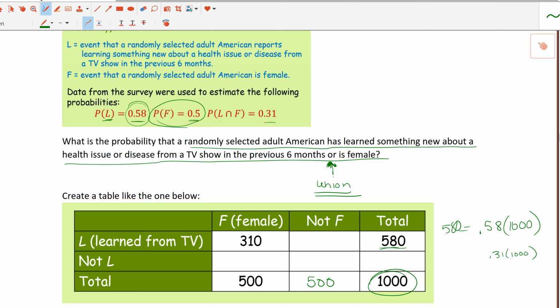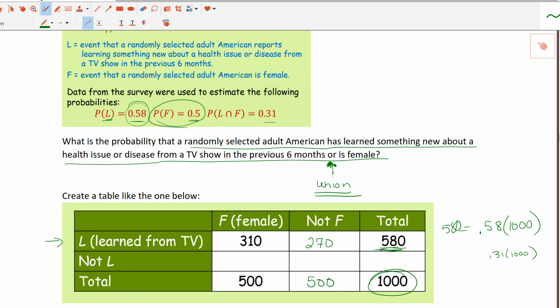So now I can fill in the rest of the chart because I know that the number of people that learn something from TV has to add up to 580. So if 310 females learned something from TV, then that means that 270 of the not females must have learned something from the TV.